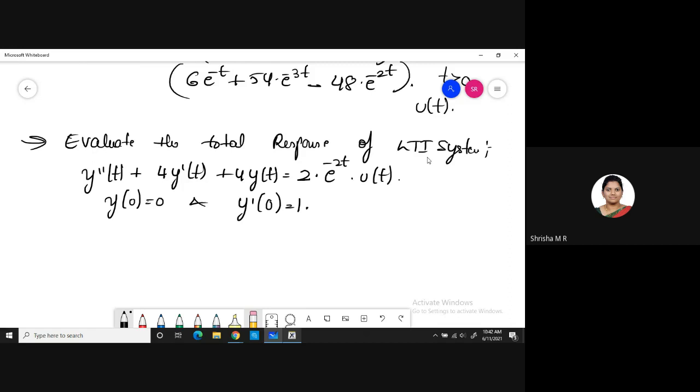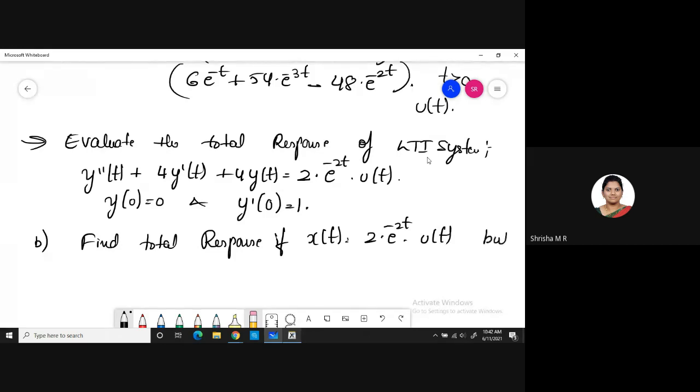So try solving this. Okay, and in this question there are sub questions also. Find the total response if x of t is equal to 2 times e power minus 2t into u of t, but initial conditions are changed: y of 0 is equal to 0 and y dash of 0 is equal to 2. You have one more sub question.